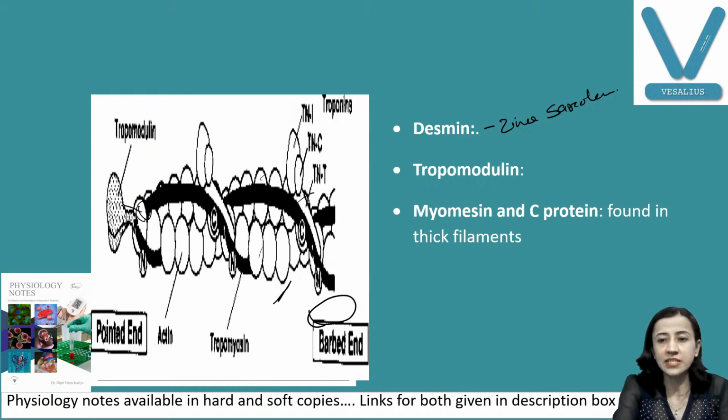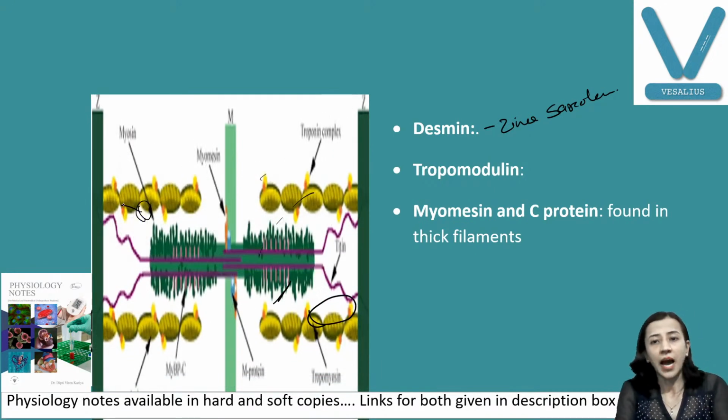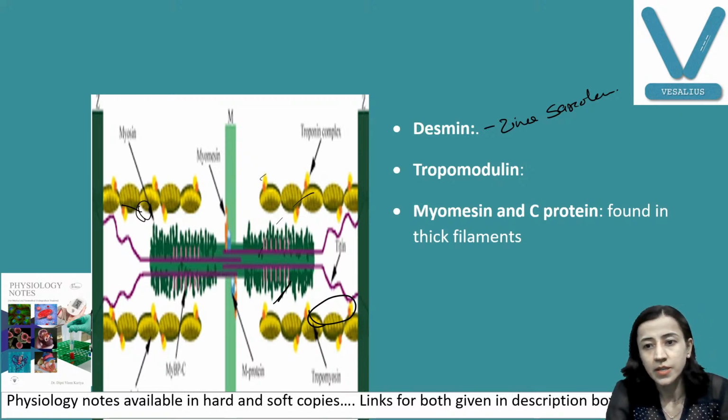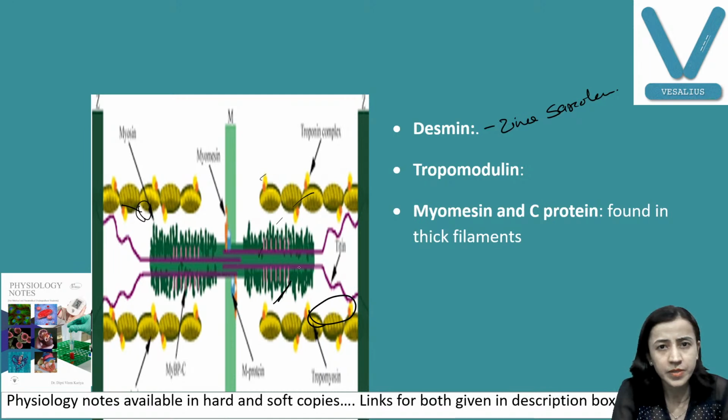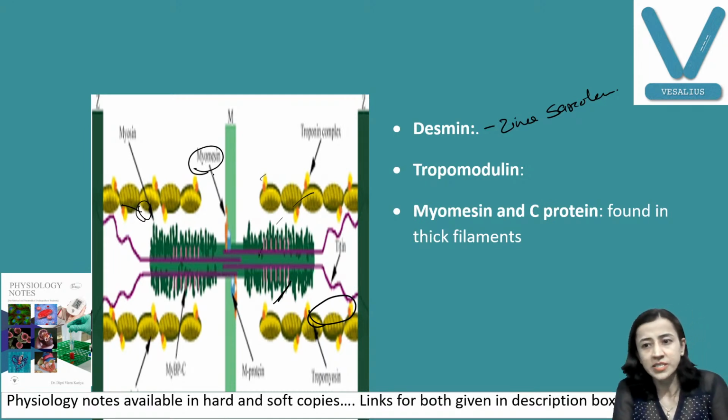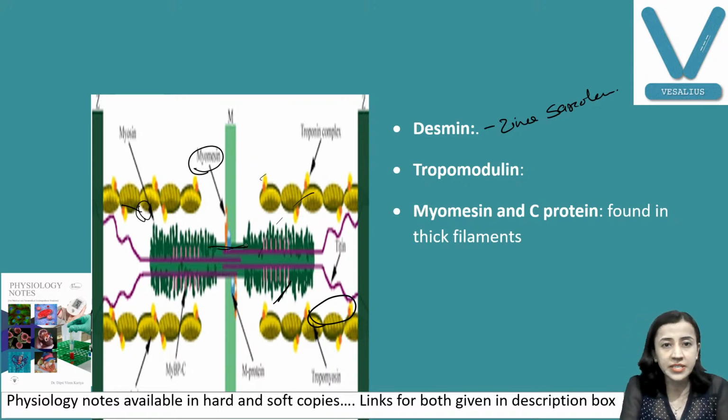Okay, another one is myomesin and C protein. It is not properly visible. I'll just show you. Where is it? This one is myomesin. Okay, myomesin and C protein are also found in the thick filament here.